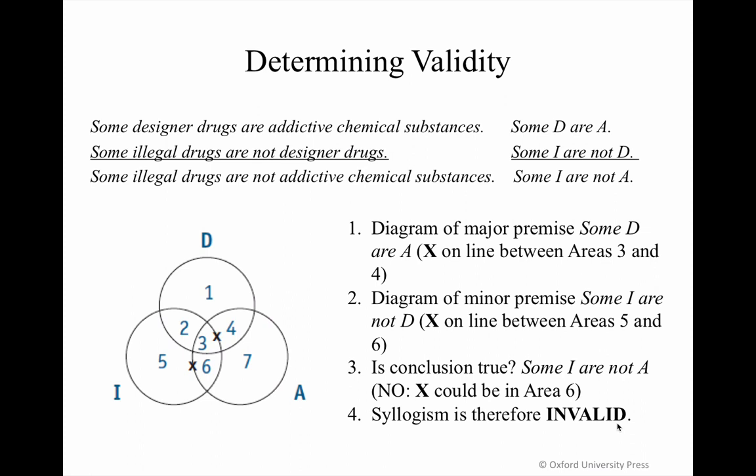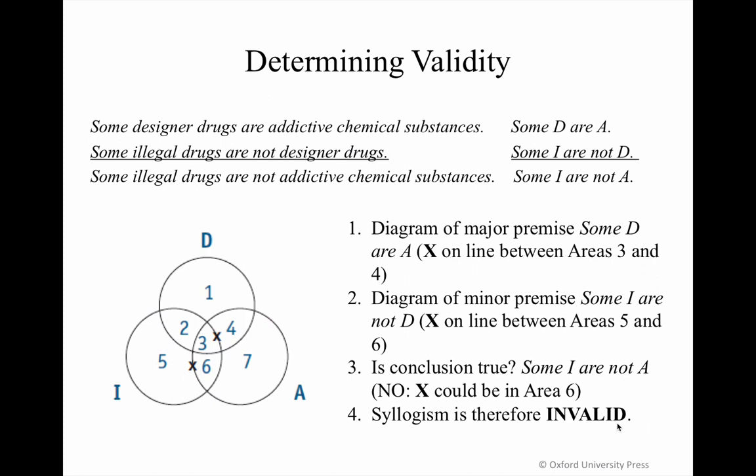So take a look at the DA overlap. Some D are A. The X goes on the line that crosses sections 3 and 4. That's because we don't know if the D that is an A is or is not also an I. Next, let's look at the minor premise.